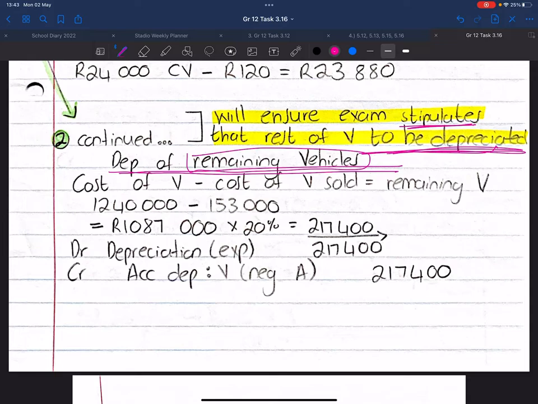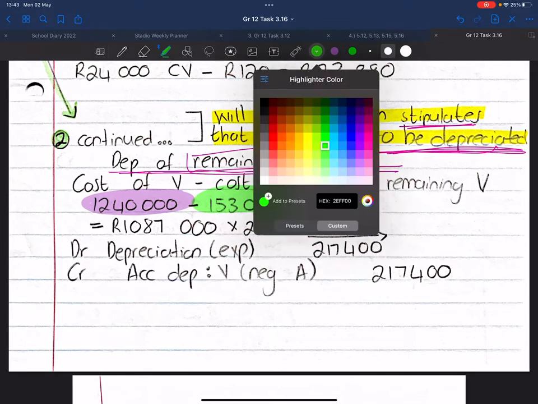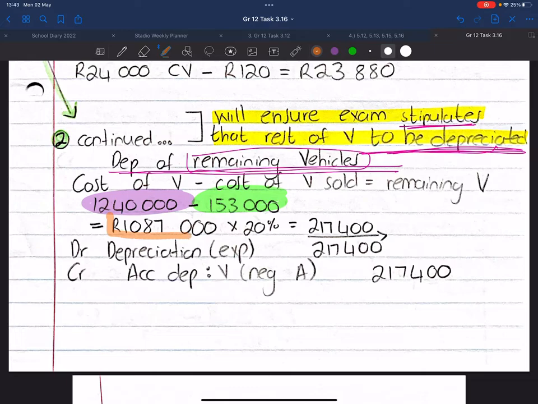So in order to determine the vehicles that we still have left after the disposal, I took the total cost of the vehicles per our pre-adjustment trial balance, minus the cost of the vehicle that was sold, and that then gave us the remaining vehicles that we had for the entire year.